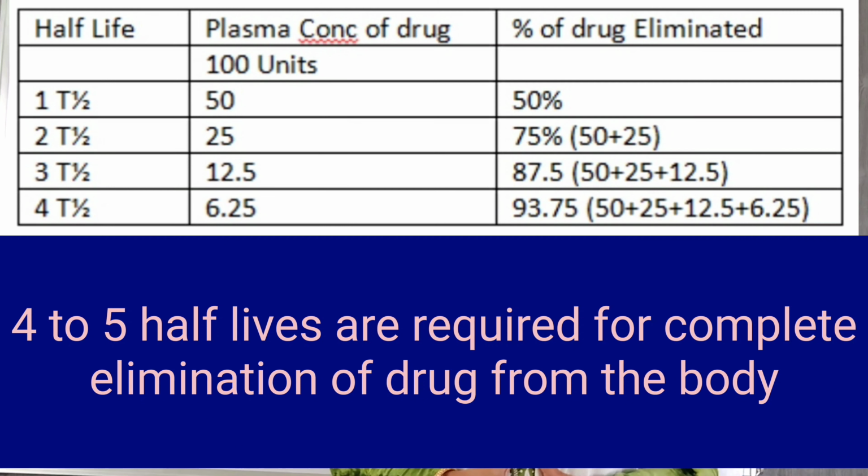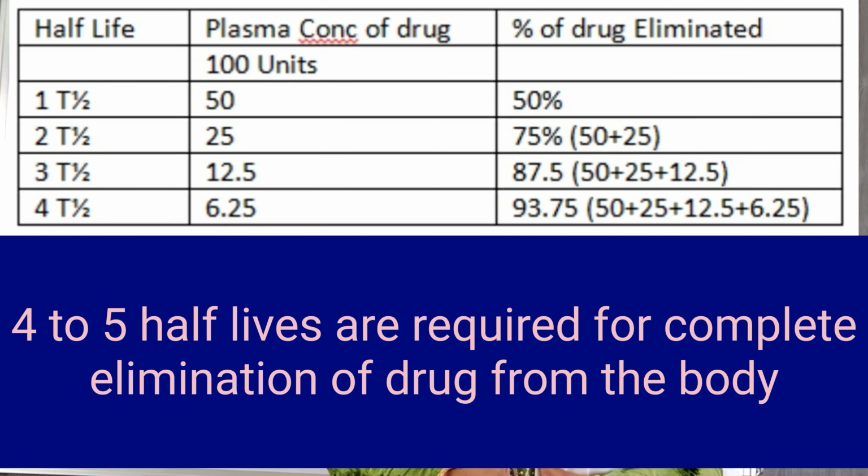In 2 T halves, the plasma concentration is reduced by half and the concentration becomes 25. The percentage of drug eliminated is 50 plus 25, that is 75% of the drug is eliminated from the body. In 3 T halves, the plasma concentration is further reduced by half and the concentration becomes 12.5.